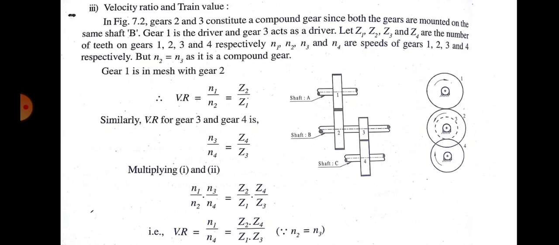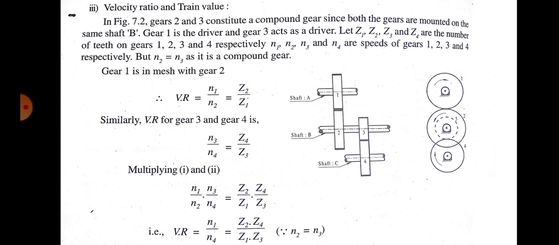Now let us multiply equation 1 and equation 2. So when we take the left hand side, we have n1 by n2 into n3 by n4 is equal to z2 by z1 into z4 by z3. Okay, this is in case of compound gears. So if you note here, n1 by n2 and n3 by n4.